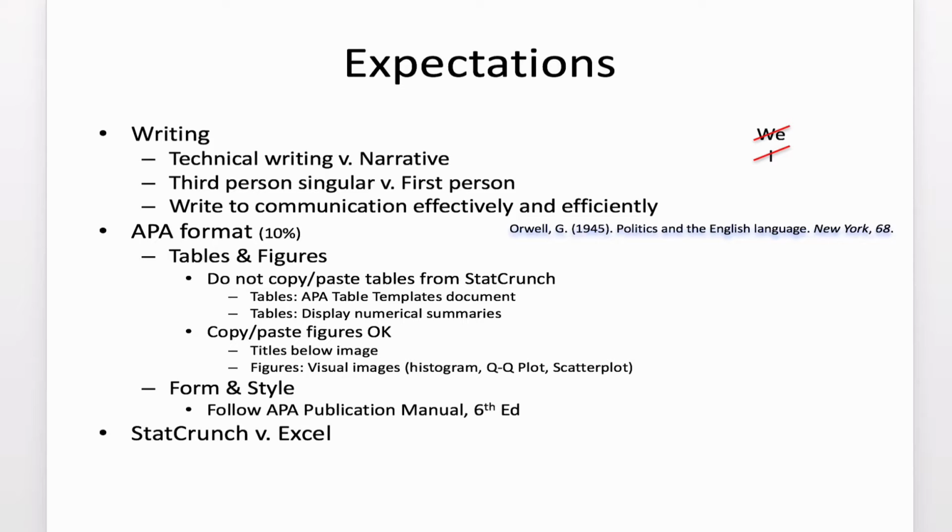I want to point out that Excel is not a statistical application. It's a spreadsheet, and I do not want you using Excel because you're going to be missing out on some of the things that StatCrunch does natively. For example, if you're trying to compute a t-test or an analysis of variance or a correlation, yeah, you can do that in Excel if you know how to write the code for it.